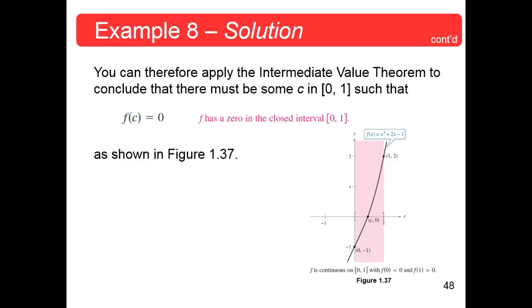There's got to be at least one place. And because this doesn't vary greatly, it's not going up and down any times, it's just going straight through there. Still don't know the value. Now, there are techniques, and maybe by the end of the course, we'll have that technique. But it just tells you there has to be some value in between there at 0.